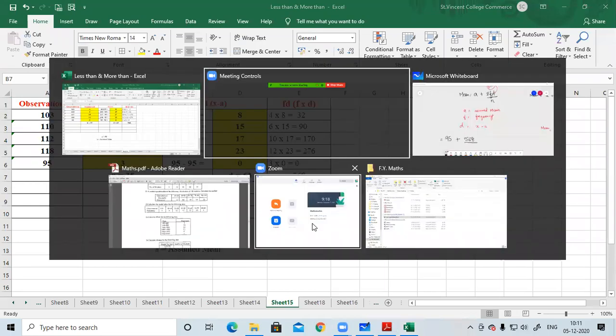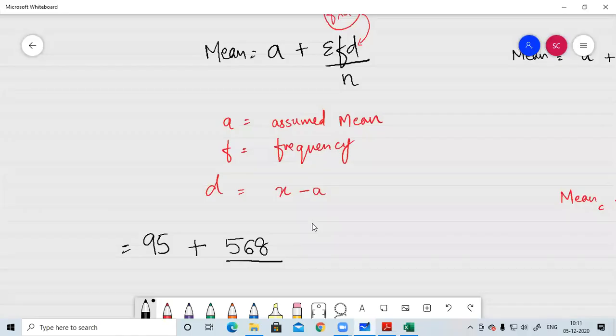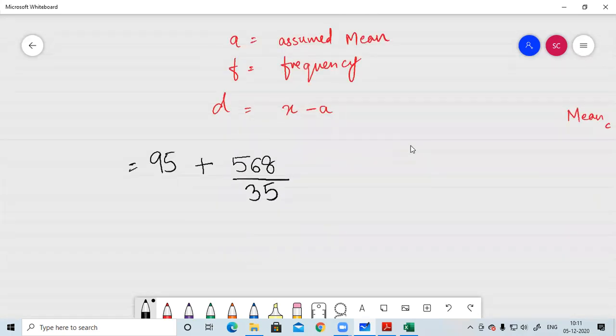Now what you do is divide by 35. So 18.943. Are you sure? Yes, sir. I'm not getting that answer, beta.